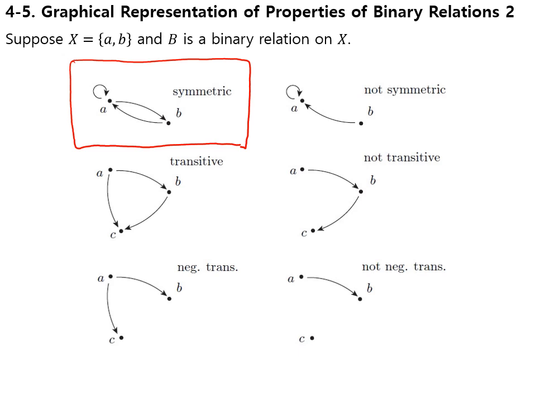Why? You can see that symmetricity basically says that if an element is related to another element, then that other element is also related to the former element. And we can see here that there are two elements, A and B, and we can see that A is related to B, and B is also related to A. Therefore, the relation is symmetric.